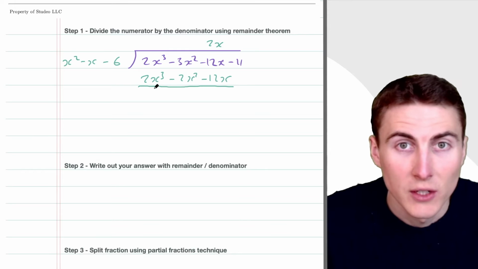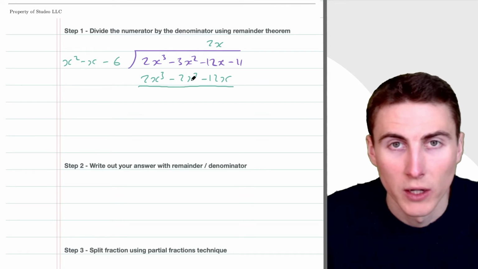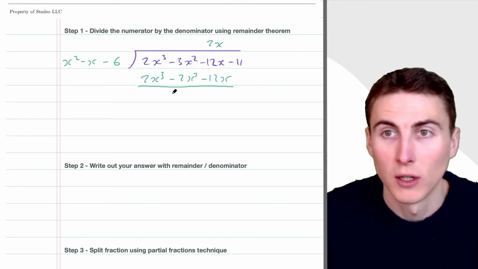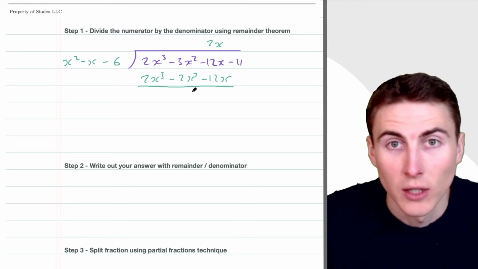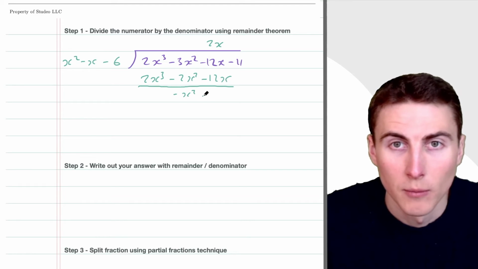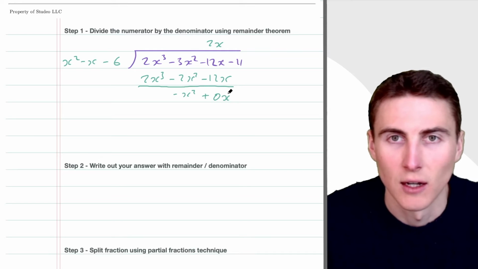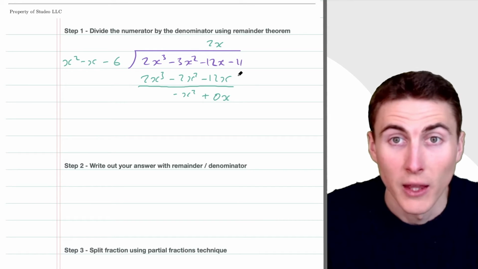So this take away this will cancel out. Minus 3x squared take away minus 2x squared is like adding the 2x squared, so that will just become minus x squared. And then these two will cancel out because they're the same. I would always put 0x. You could leave it blank, but I think it's harder, so I'll just put 0x. And we pull down the minus 11.